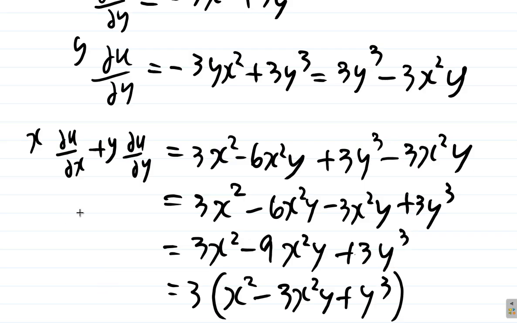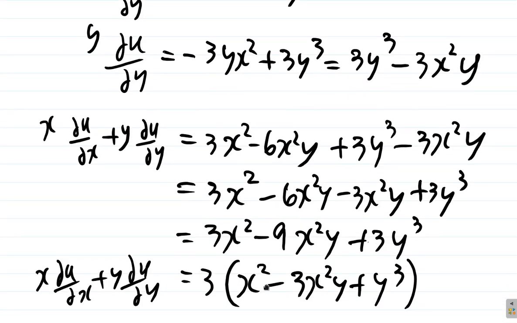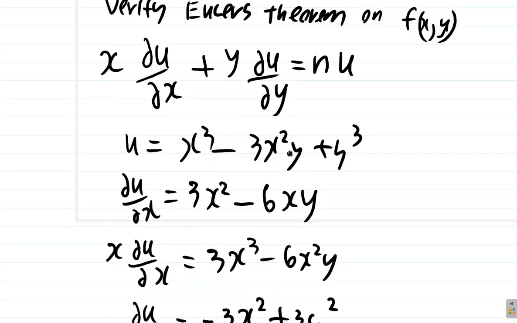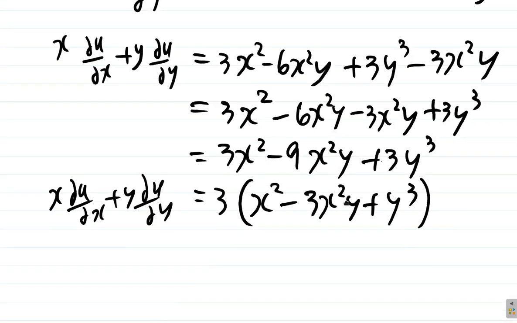So this is x delta u by delta x plus y delta u by delta y. Alright, see what's going on here. This is x cubed minus 3x squared y plus y cubed. Okay, so this is u then.